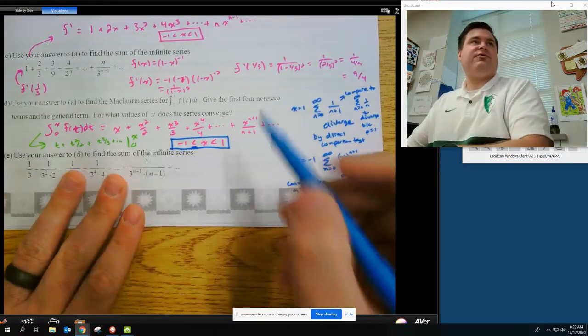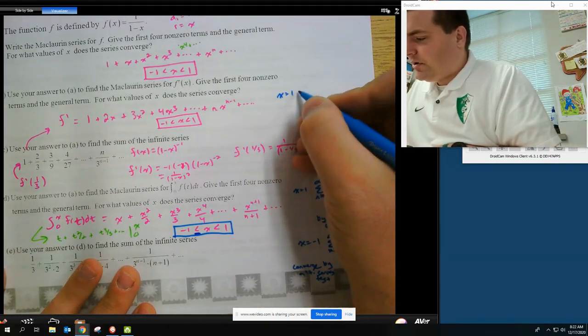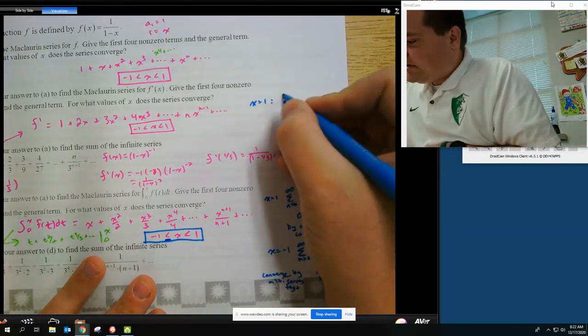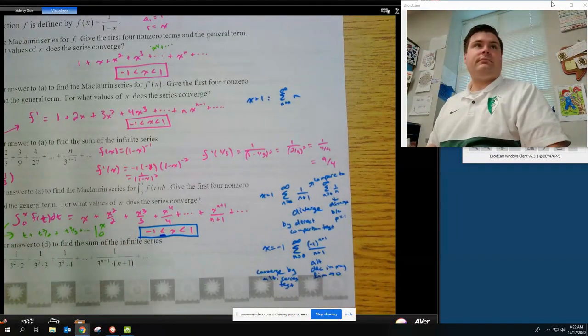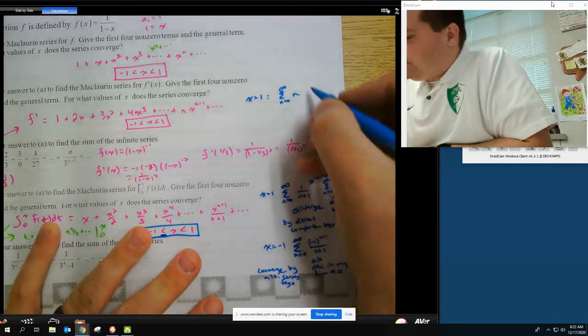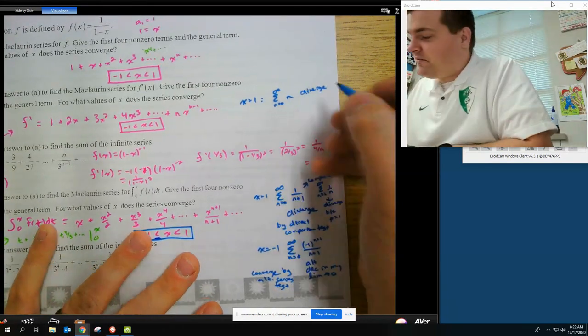Like I said, I probably should have formally gone up here to do this one as well. I'll real quickly do that. So when x is equal to 1, I'm going to get the series of just n, and this is going to diverge by the nth term test because the limit is going to equal a non-zero value.